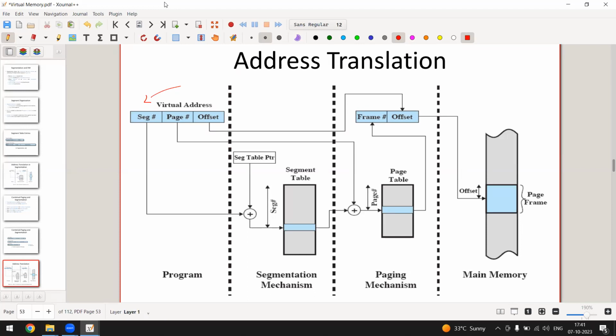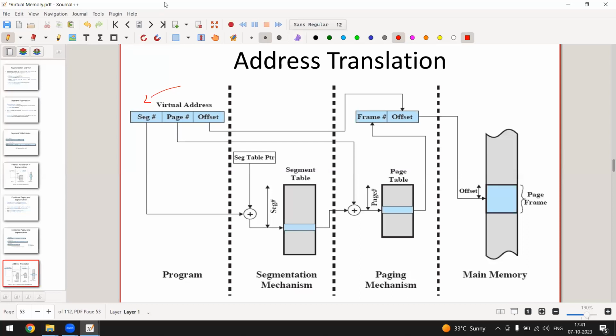From the segment number, we will find the corresponding segment of the process, like segment 1, 2, 3, 4. In the previous example which I presented just now, I have 4 segments. So one of those segments is referred to here. I give the segment number to the segment table, and from this I will get the address of the corresponding page table.